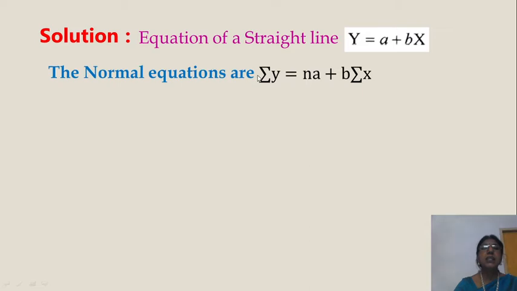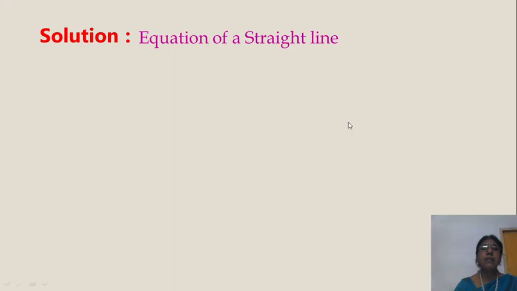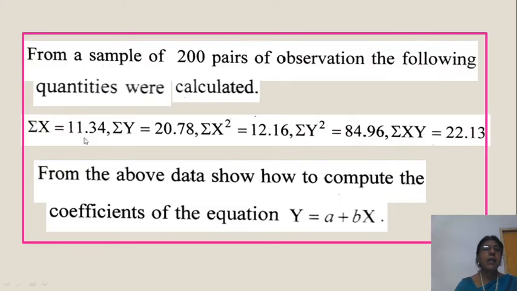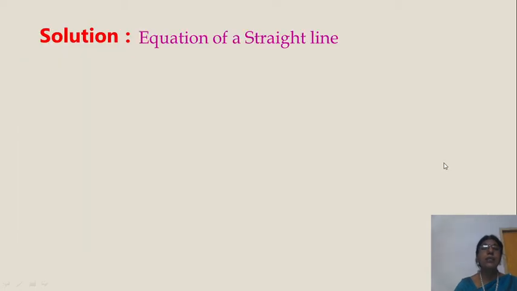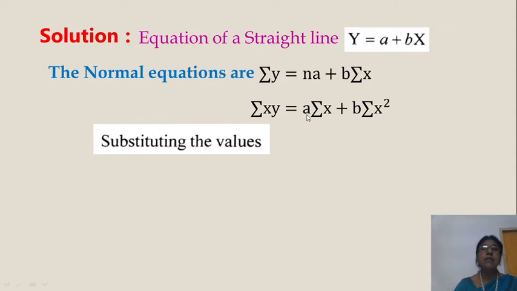The normal equations are sigma y is equal to na plus b sigma x, and the second one is sigma xy is equal to a sigma x plus b sigma x square. Now substitute all the values: sigma x is 11.34, sigma y is 20.78, sigma x square 12.16, sigma y square 84.96, sigma xy is 22.13.